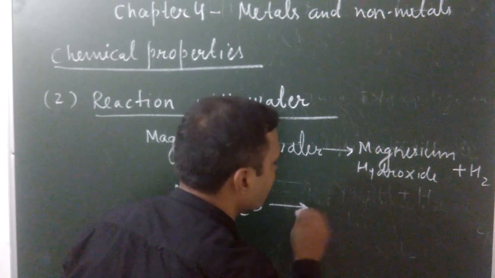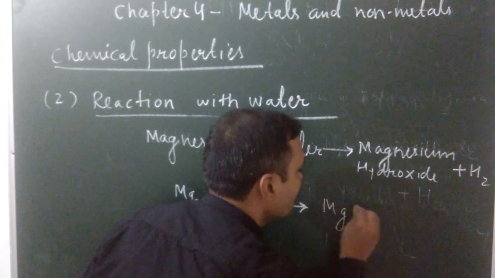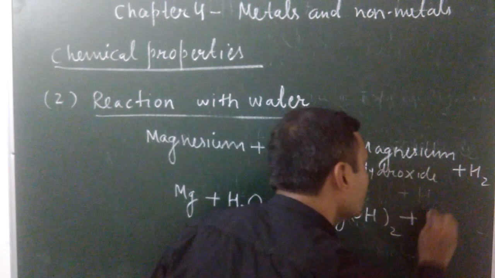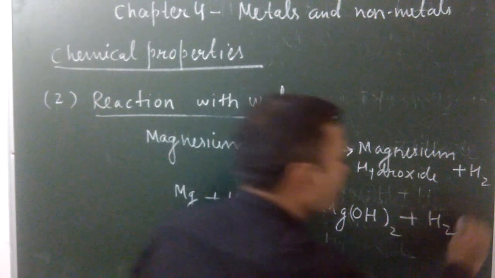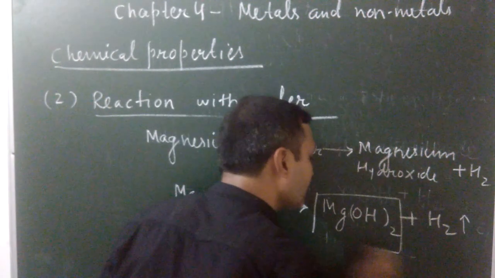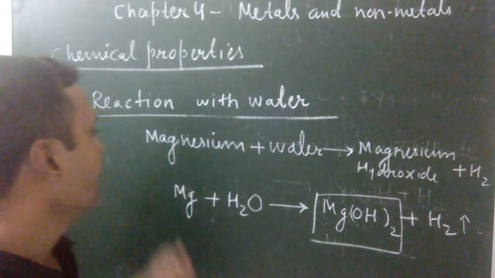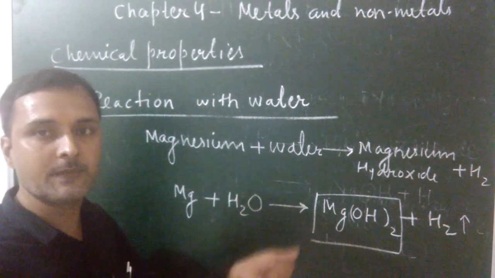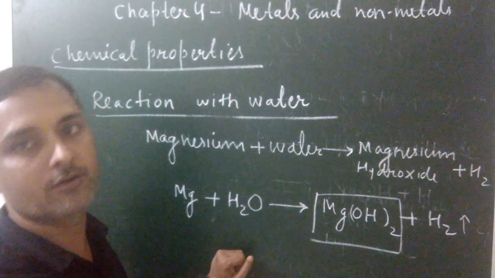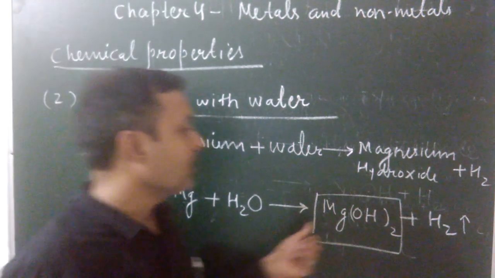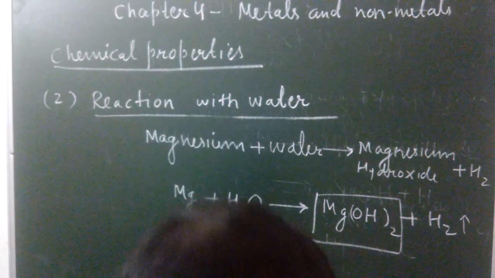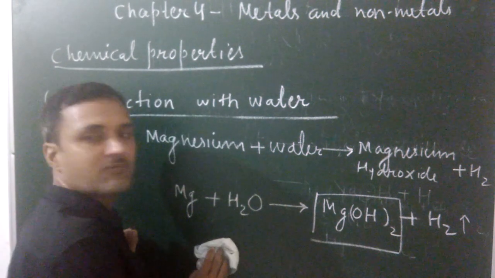It gives magnesium hydroxide, the formula is Mg(OH)2, plus hydrogen gas. Here the main product is magnesium hydroxide. So magnesium reacts with water to give metal hydroxide, whose name is magnesium hydroxide, and the formula is Mg(OH)2.